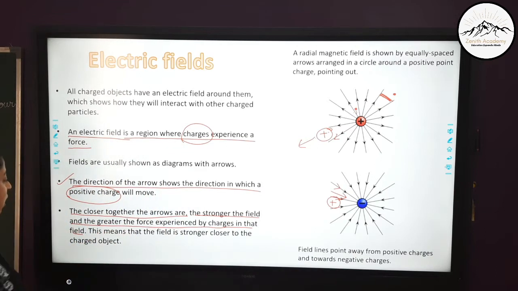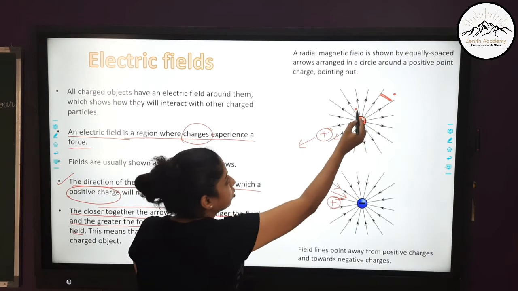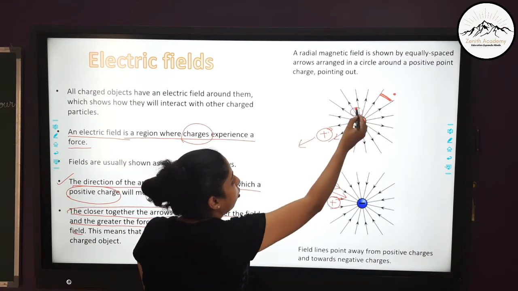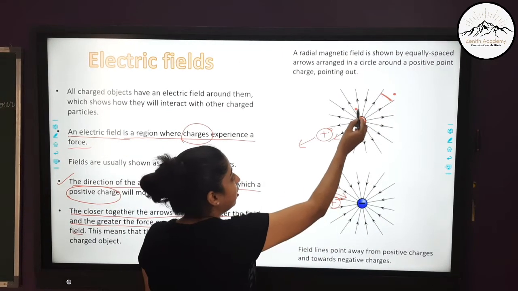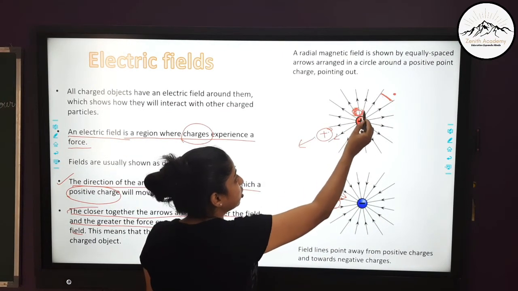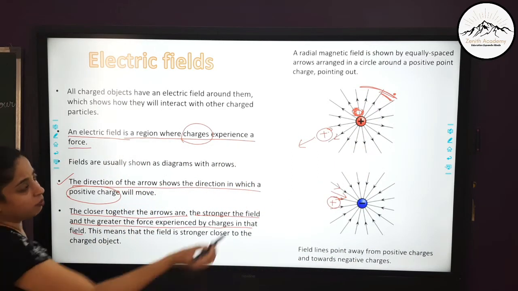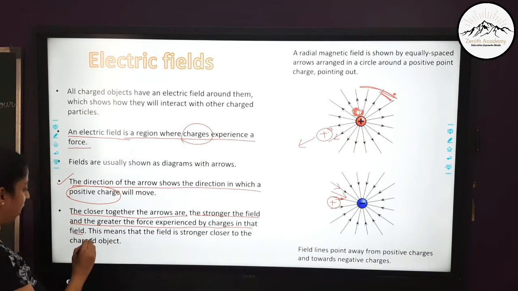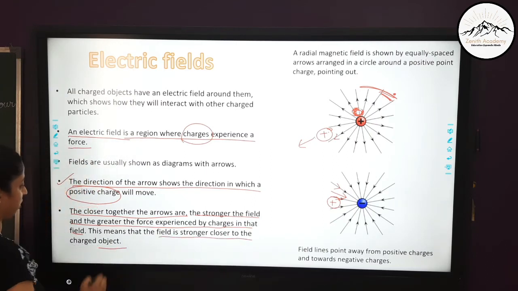So the strength of the field is more where the arrows are close, and less where they are far apart. The particle will experience more force in this region and less force in this region. So by seeing the two diagrams, we can see that the field is always stronger closer to the charged object.